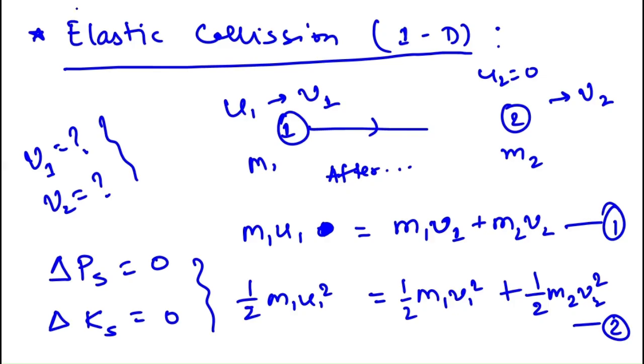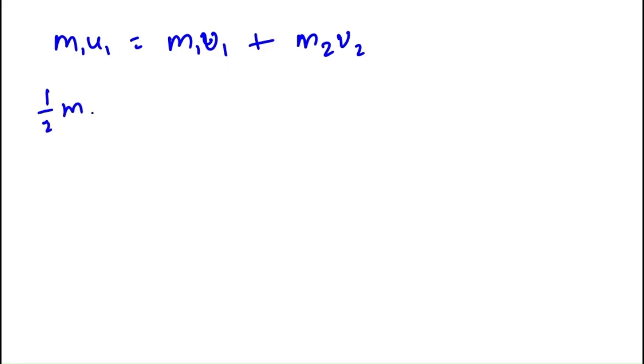Okay, now let me rearrange these terms in a simpler way. So M1 U1 equals M1 V1 plus M2 V2. And here, one by 2 M1 U1 square, we can just take this 1 by 2 because it is common on both sides.